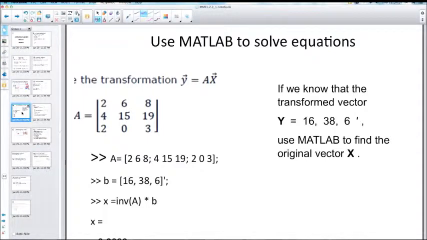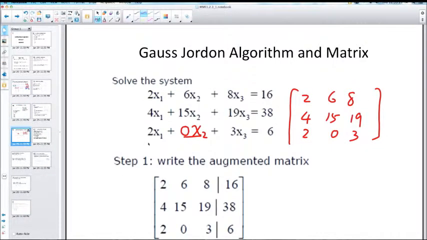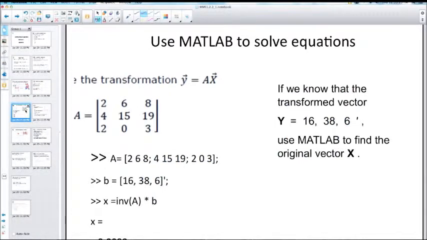Here is an equation, y equals Ax. I write the A into this matrix. So what I need to do is to try to solve this Ax equals 0.